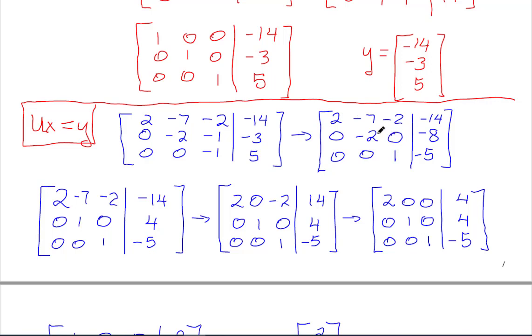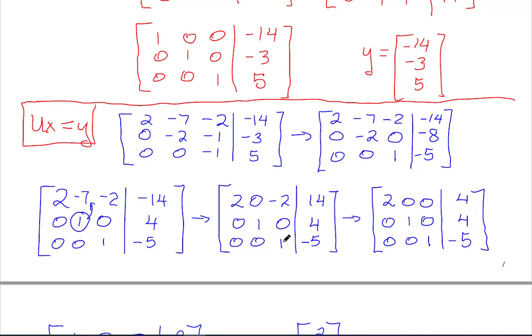everywhere. Alright, so first off, I'd like to have a 1 there, and I can make this 1 simply by dividing by negative 2. And let's see, the last row already looks quite good. So I'm going to use this 1 to make a 0 above it. So we did that, still leaving the 2 there for now.